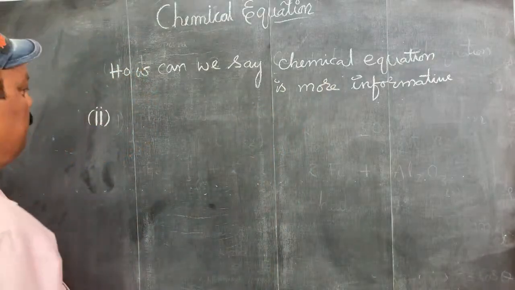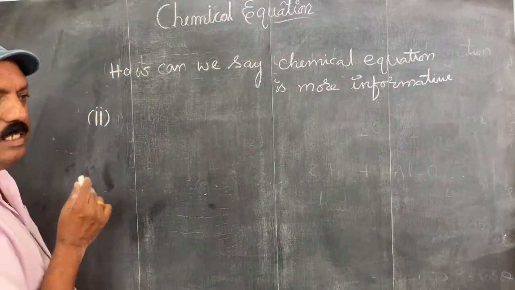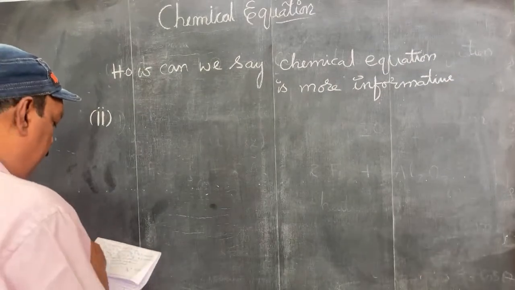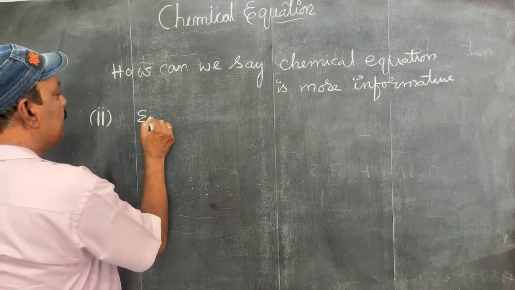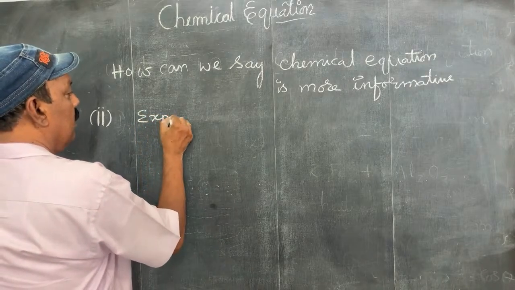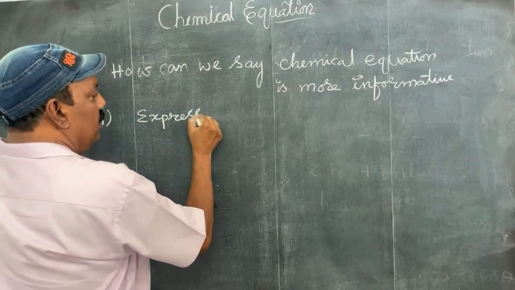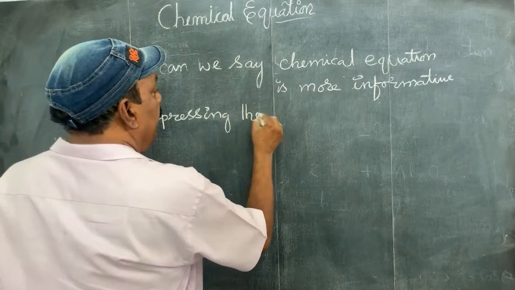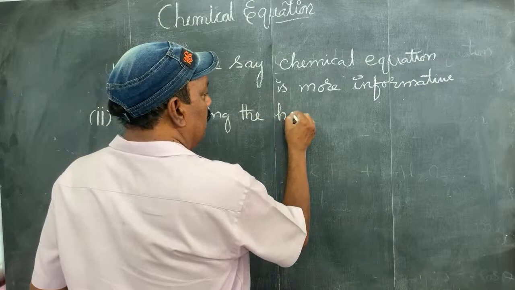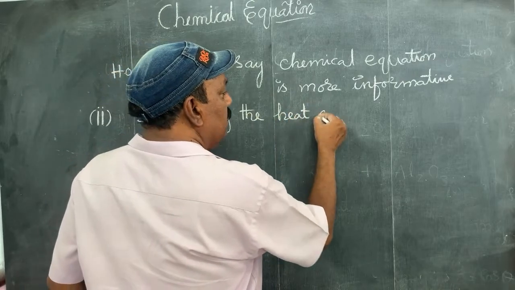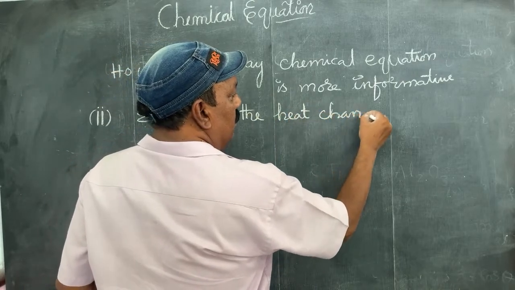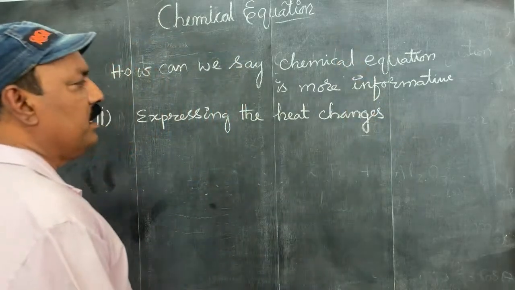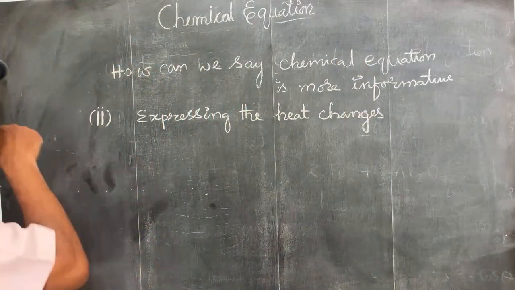The first one, physical state, I already explained. Now the second one is expressing the heat changes. What does this mean?